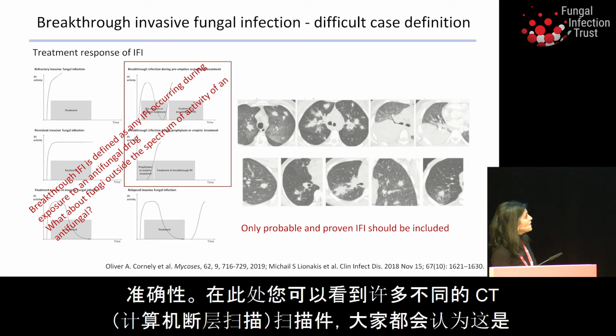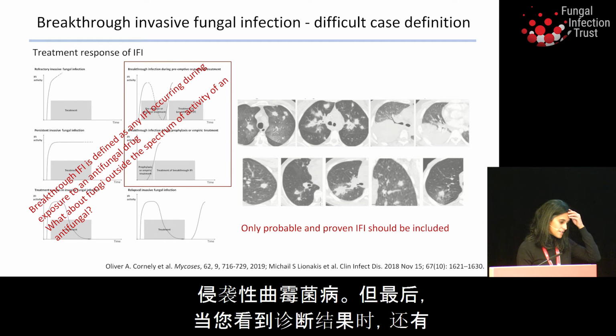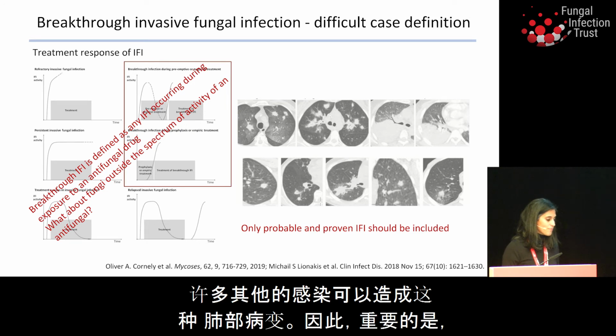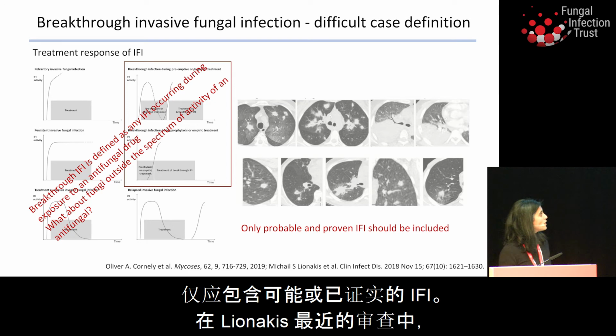Here you can see many different CT scans, and everyone would think that this is an invasive aspergillosis, but in the end, when you look at the diagnosis, there are many other infections which can cause these kinds of lesions in the lung. So importantly, only probable and proven IFI should be included.